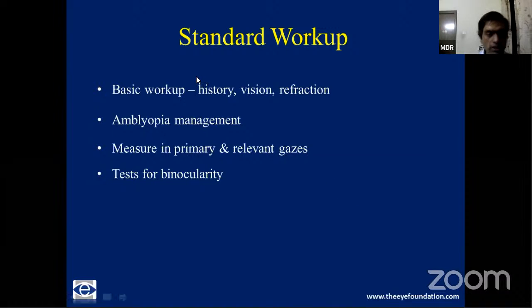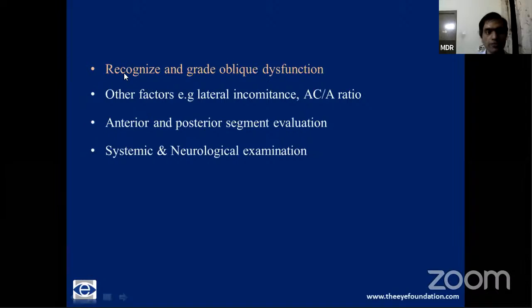For workup, it would follow all the steps of a standard strabismus workup. That is, you would do a history, vision, cycloplegic refraction, amblyopia management, and test for binocularity. Here is what is different. In addition to measuring in different gazes, you would recognize and grade oblique dysfunction.